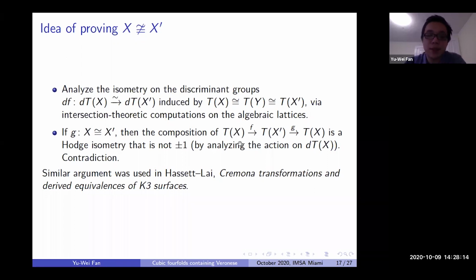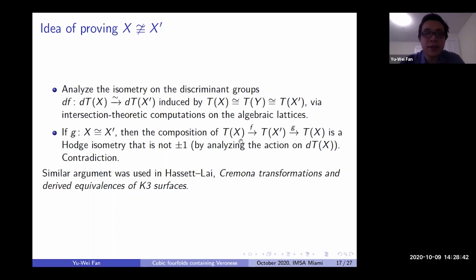Okay. And so the proof of this non-isomorphism between X and X prime essentially follows from analyzing the action on the discriminant groups through these identifications, and the fact that the only Hodge isometries on Tx are plus or minus identity.